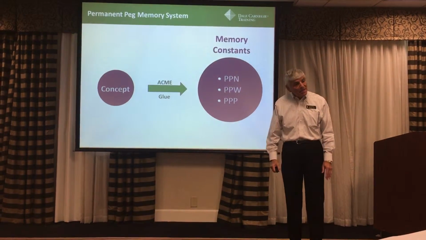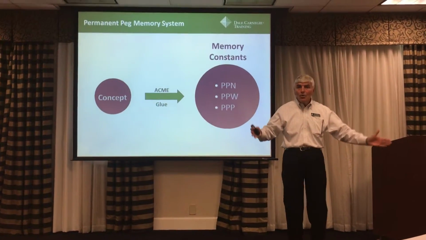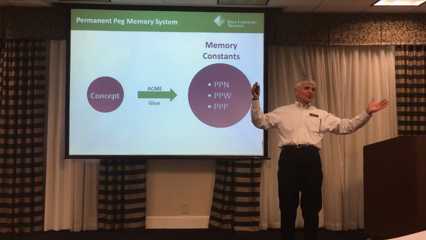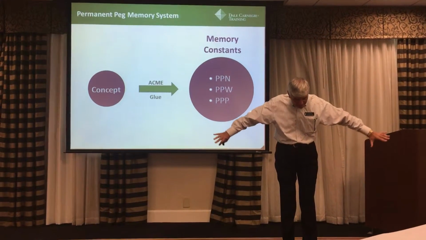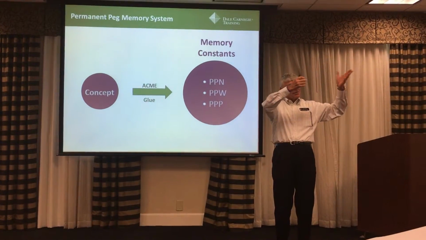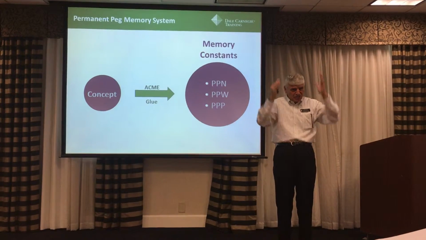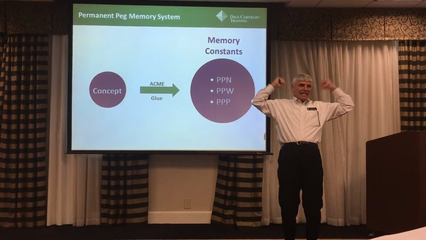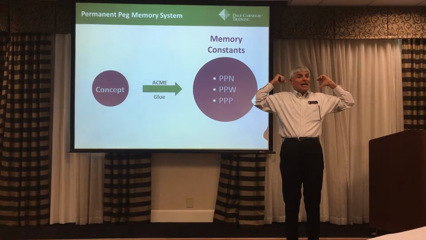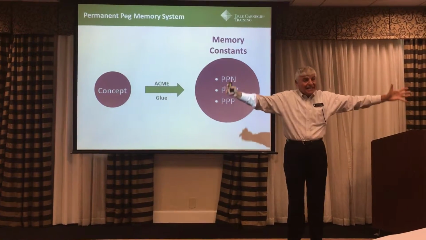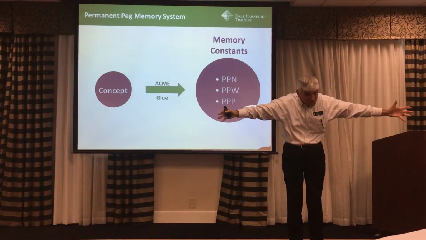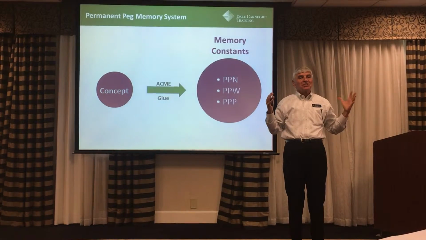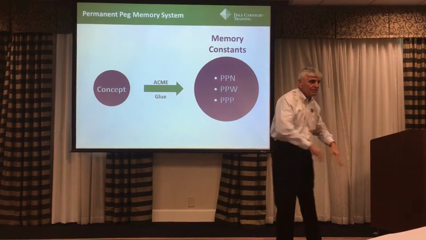Permanent peg number, permanent peg word. The permanent peg picture is you at the finish line at Churchill Downs, right on the railing. As you see the horses coming around the final turn to the finish line, you're cheering and yelling and screaming. The horse in the lead is your horse. The problem is this: your horse is running backwards.